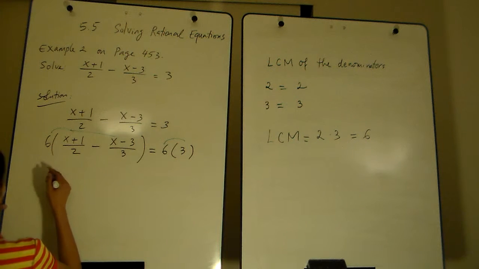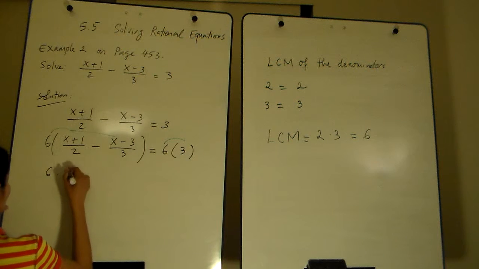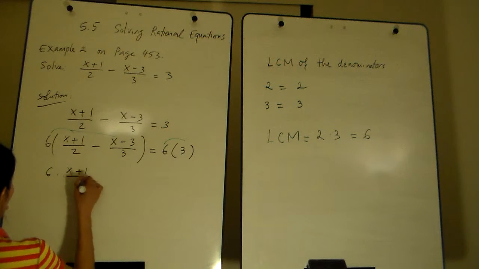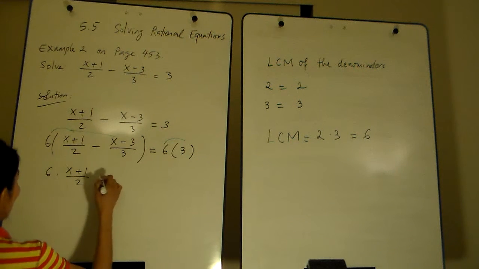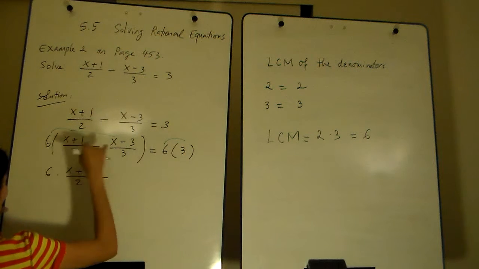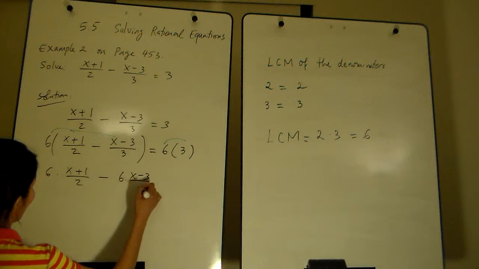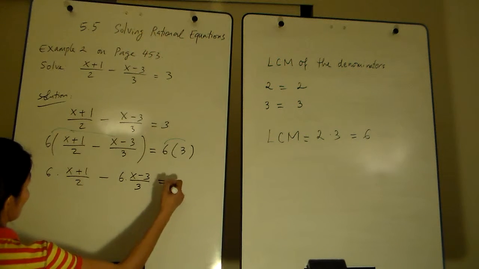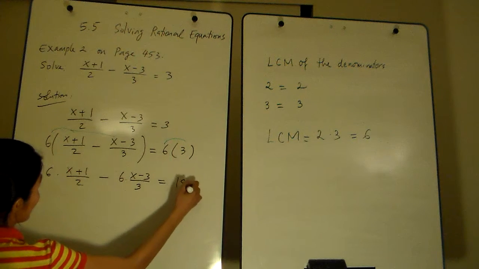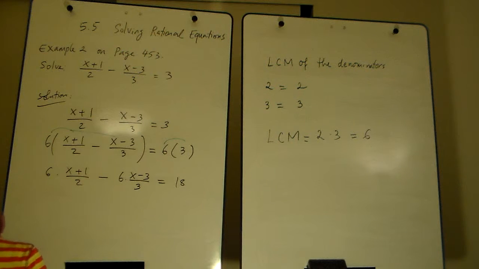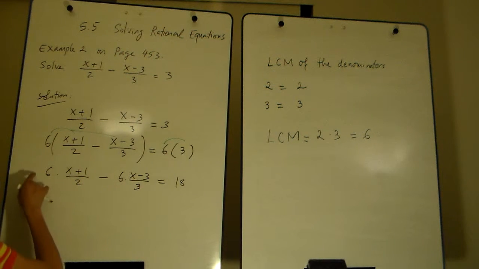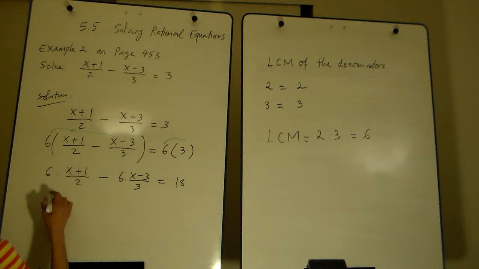Alright, 6 times x plus 1 divided by 2, minus 6 times x minus 3 divided by 3, equal to 6 times 3 is 18. Now, the 6 right here on top, in the numerator, you can divide the 6 with a 2. 6 divided by 2 is 3.